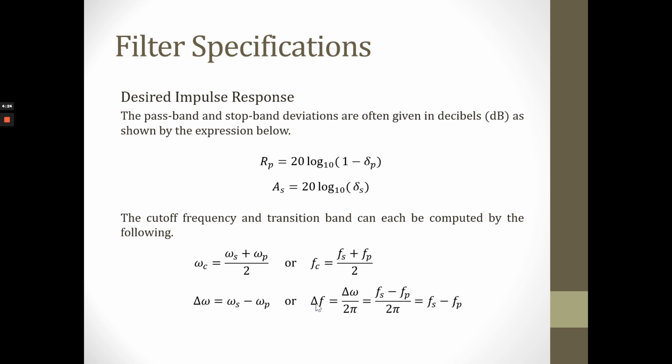Or delta f is equal to delta omega divided by 2 pi. Delta f is equal to fs minus fp, so it is also equal to fs minus fp.